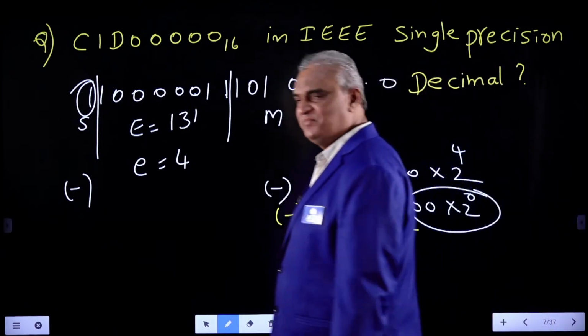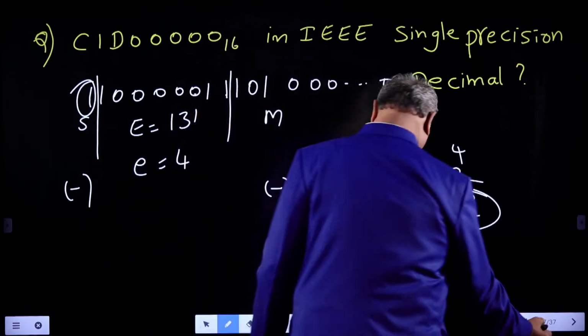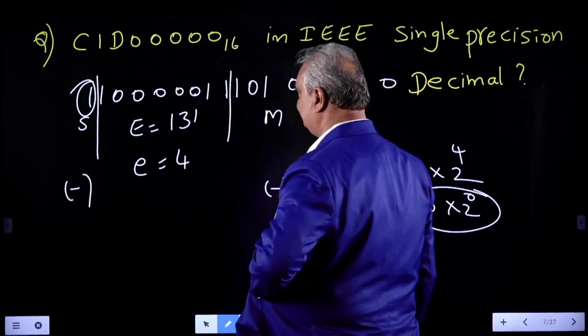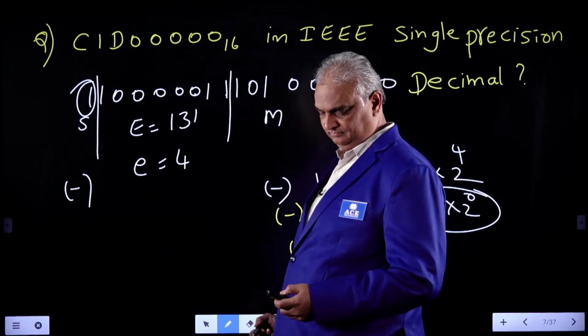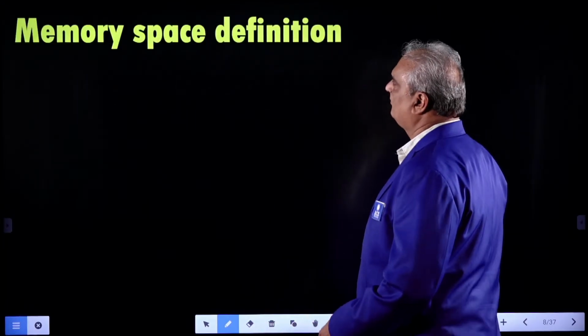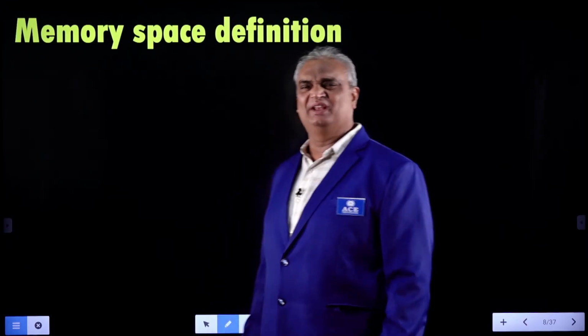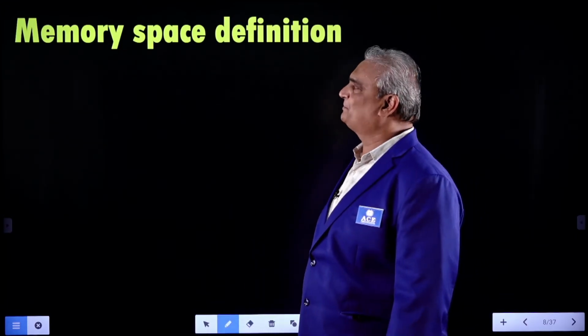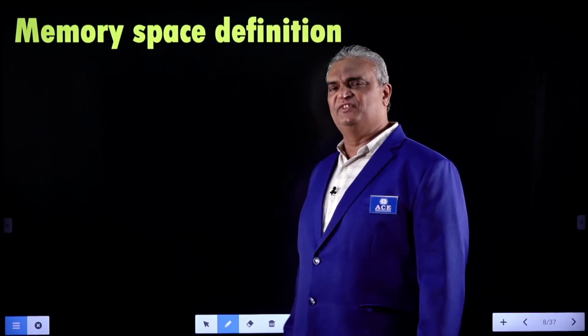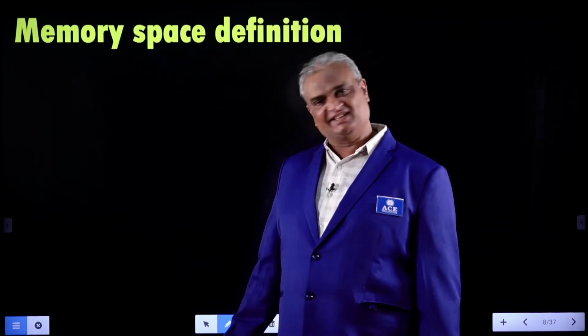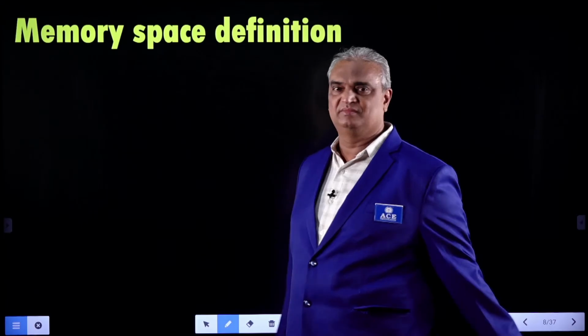Okay. Next. Come to the second one, memory space definition. It is very, very, very important. Memory space. So many students feel memory space means a storage device. Yes, but what is the primary definition?